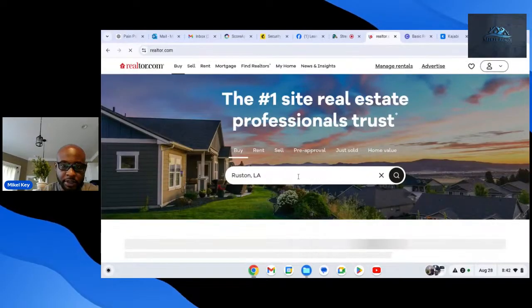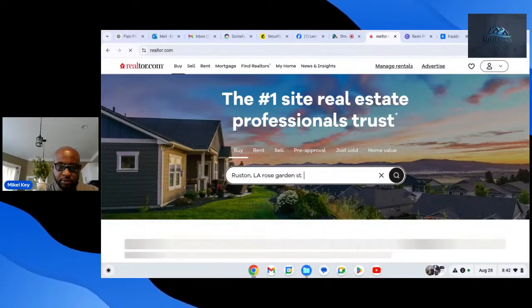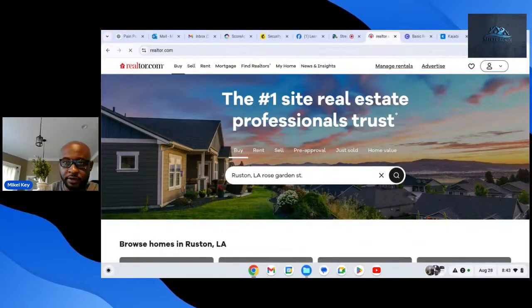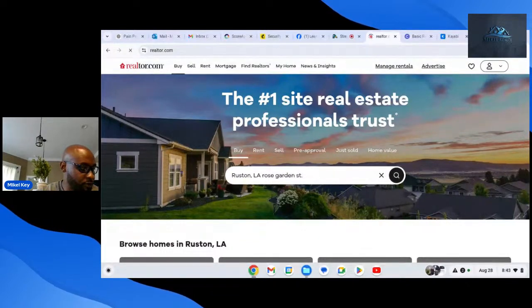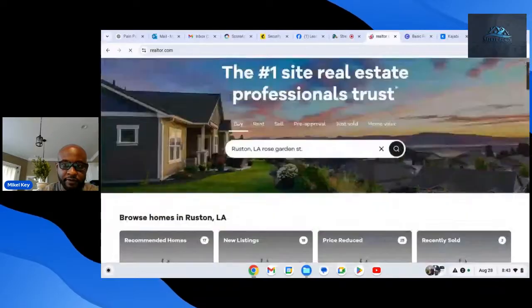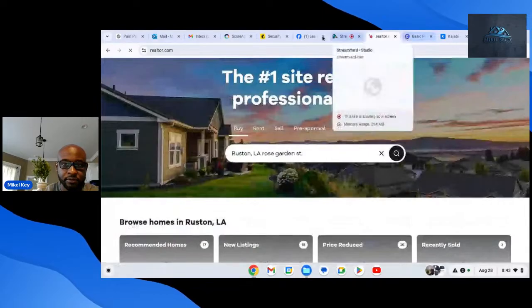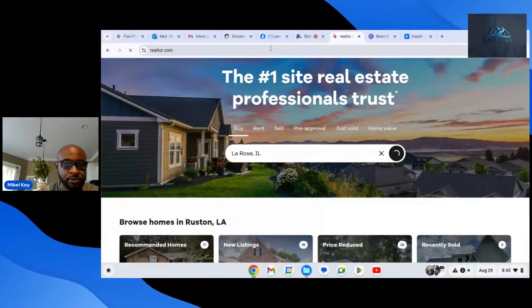I'm going to take Ruston, Louisiana, and go to Rose Garden Street, the street that I live on. I want to look for some properties that have recently sold. We're going to make this extremely simple.